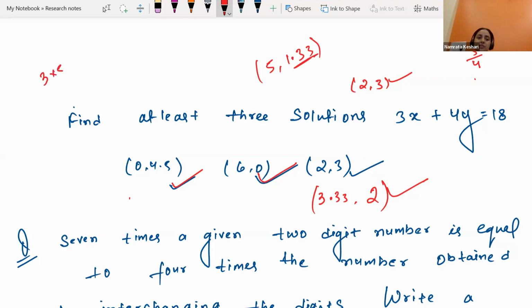So 3 into 5 plus 4y is equal to 18. 3 times 5 is 15, so 18 minus 15, 4y is equal to 3. y is equal to 3 by 4, which is not 1.33, right? Check it. Ma'am, 0.75. Yes, exactly. This is one of the solutions. Perfect.